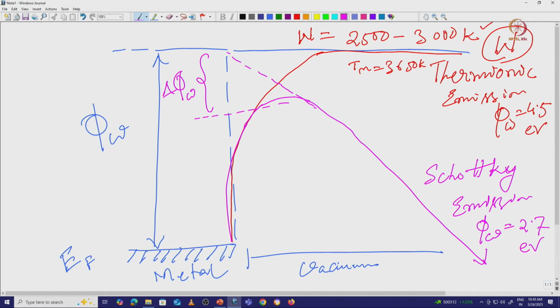In the Schottky emission case, you still need heat energy to extract the electron, but that heat energy will be lower than for thermionic emission, somewhere around 1400 to 1800 Kelvin.